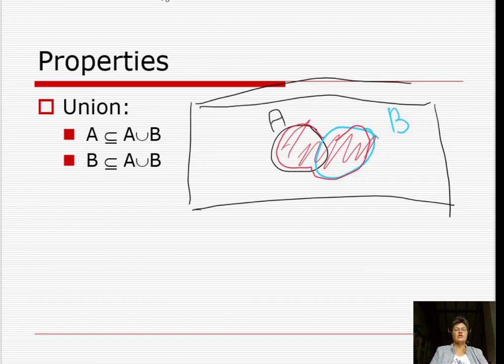So A is a subset of A united with B, and equally B is a subset of the union.